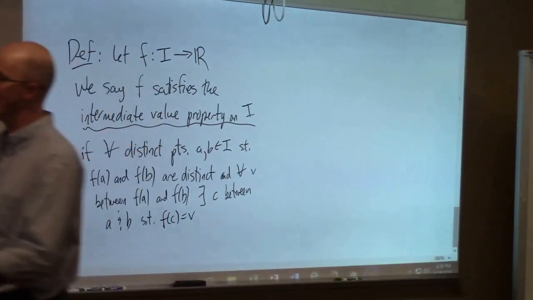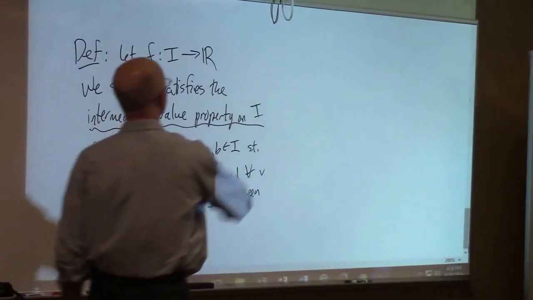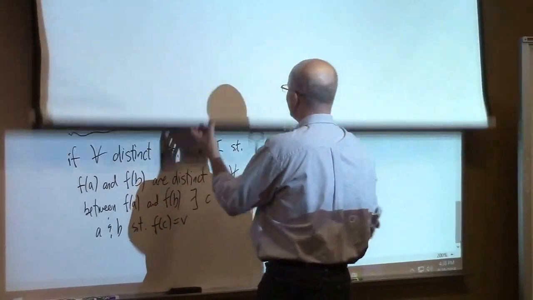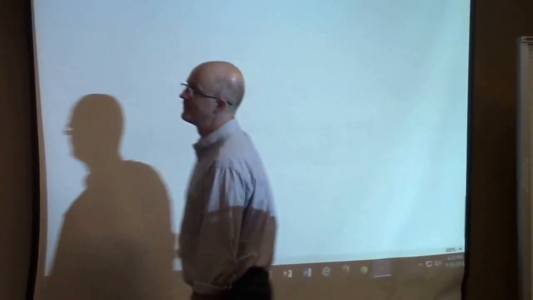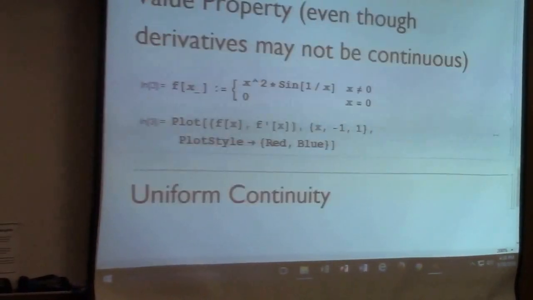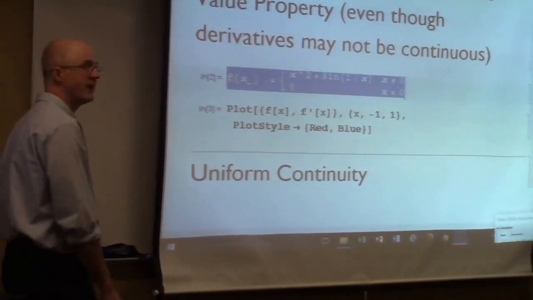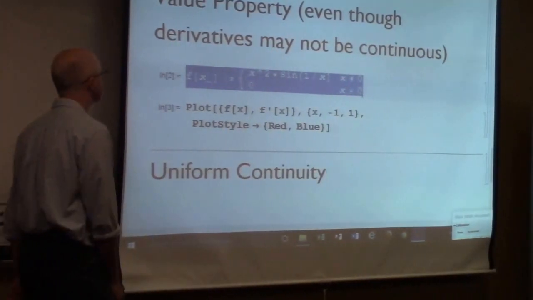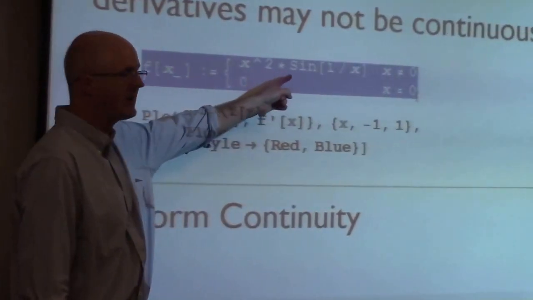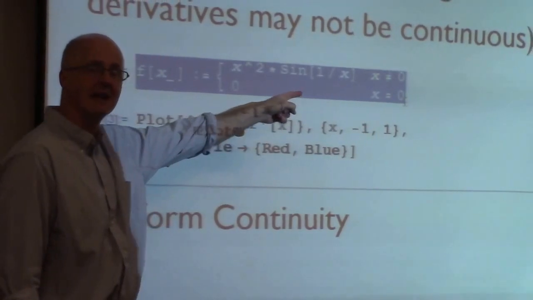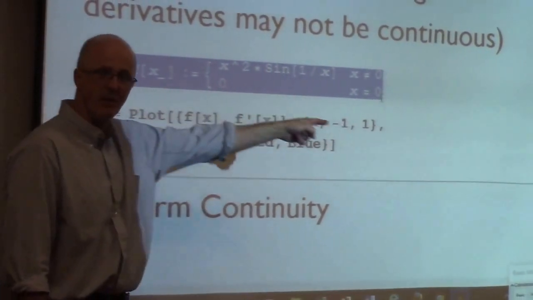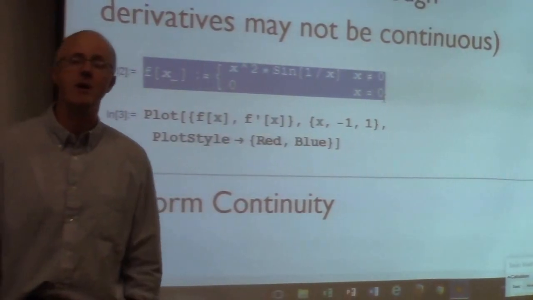This is a little preview of chapter 4. In particular, this function right here, this piecewise defined function, we'll zoom in on in a few weeks, that equals x squared times sine of 1 over x when x is not 0, and equals 0 when x is 0, so it is defined everywhere.